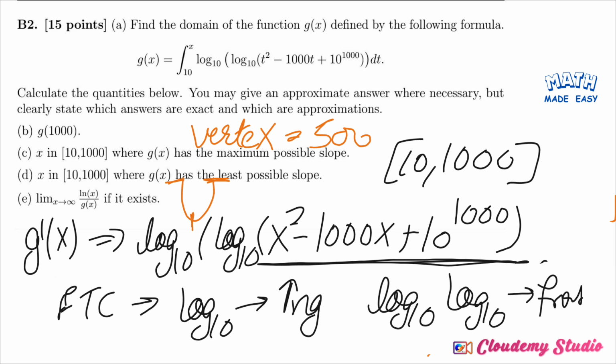So we have to take x is 1000. So the least value is at 500 and the maximum value is at 1000. Okay, done.